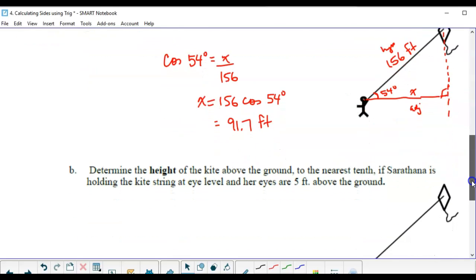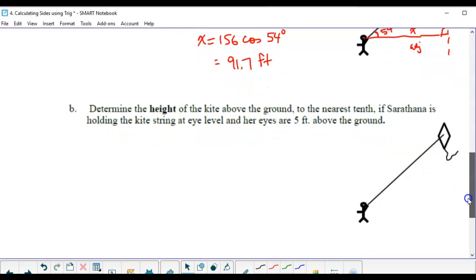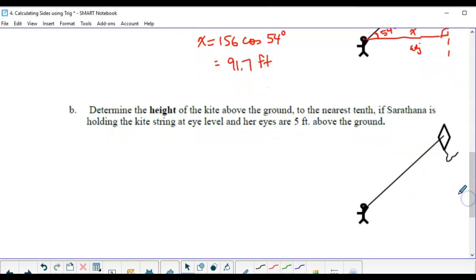Okay, then determine the height of the kite above the ground to the nearest tenth. If Sarah Thana is holding the kite string at eye level and her eyes are 5 feet. So this is 5 feet. That triangle, same one that we just did. Okay, so we know this is, we've already calculated this part.